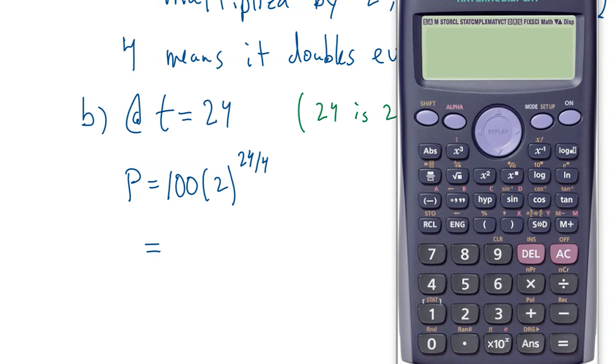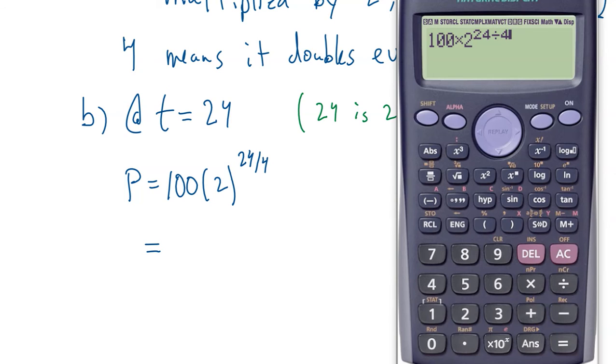You can do that in your head, can't you? It's 6. So just to save myself some time, that's what I would do. If you can, sometimes you might not be able to, it'll be too big, or it'll be messy or something like that. But if you can, why not? Otherwise, 24 divided by 4, you're punching it in like that.